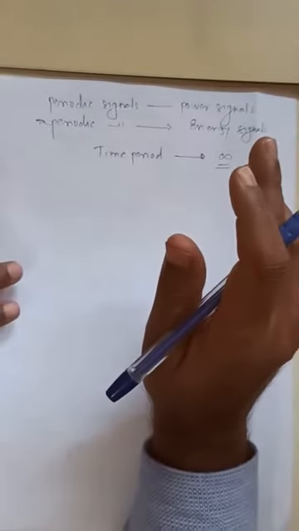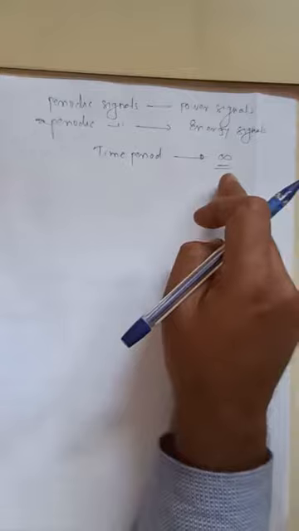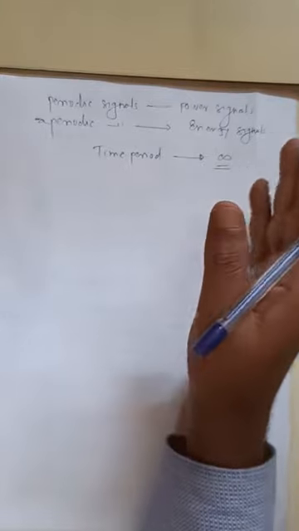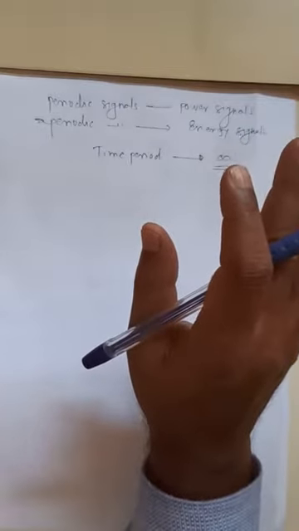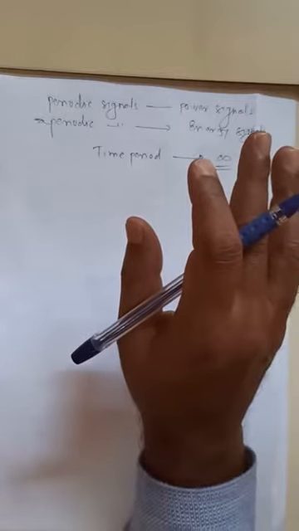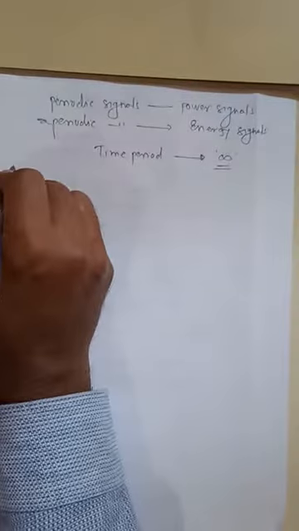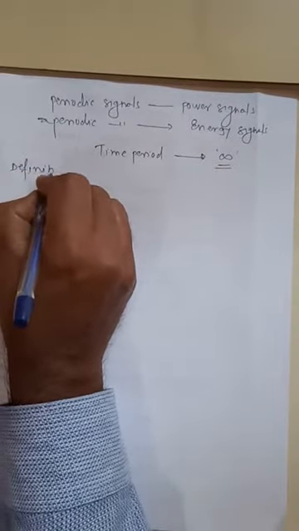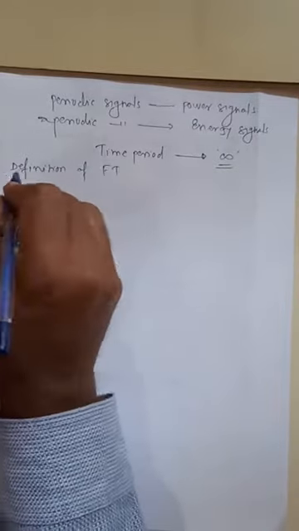These infinite time period signals can be represented using the Fourier transform. Now we'll look into the definition of the Fourier transform.